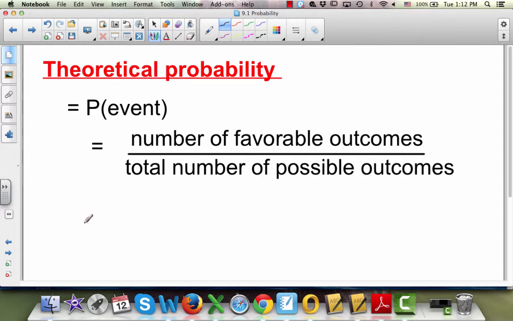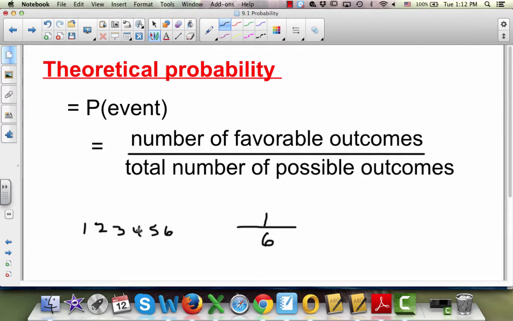You have possible outcomes of 1, 2, 3, 4, 5, or 6. So the total number of possible outcomes is 6. Well, the favorable outcome, if I told you I wanted to roll a 1, then the number of favorable outcomes would be 1, and the theoretical probability would be 1 out of 6.